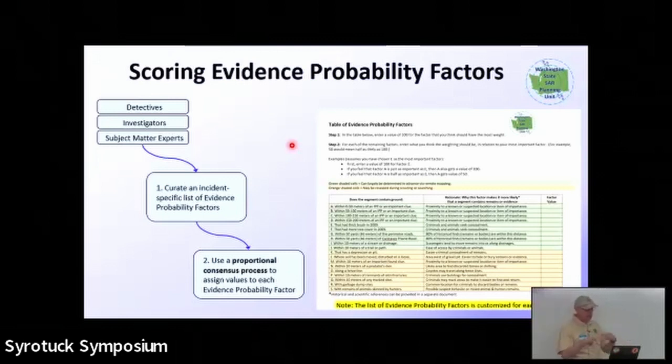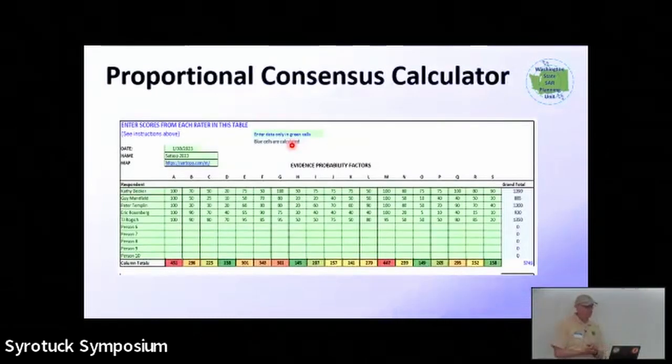We go through the proportional consensus process, compile the input, and end up with a relative value for each one of these scores. And you'll notice that this process is very much analogous to using a proportional consensus to derive a planning region POA. So not too much new there.